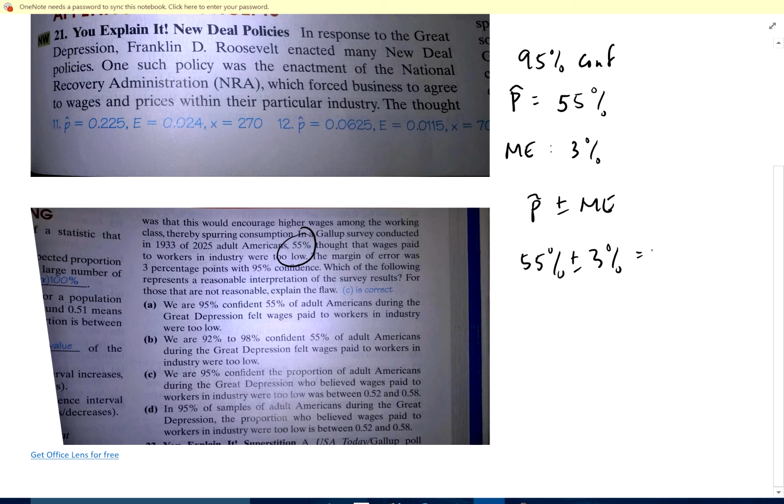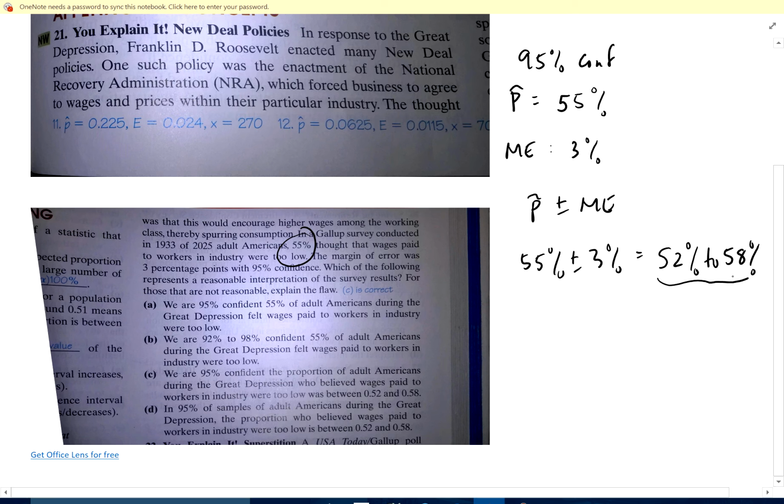Well, p hat is 55%. Oops, not 0.55%, but 55%. And we know that the margin of error is 3% and 95% confidence. So what is this interval? Well, the interval is p hat plus or minus the margin of error, which is 55% plus or minus 3%, which is 52% to 58%. So what does that mean?